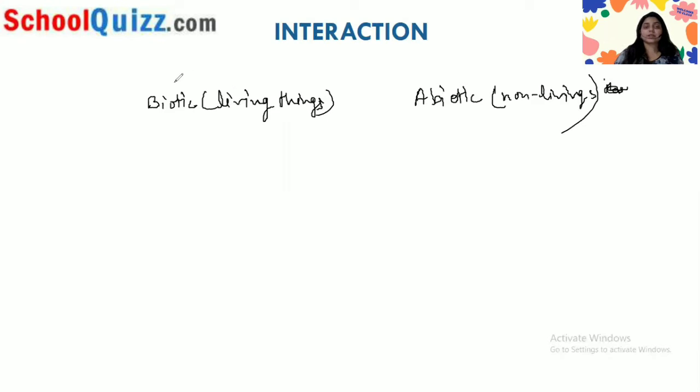So there are biotic components and the abiotic components. When the biotic interact with the abiotic, they are called the ecosystem. So this is called the interaction.